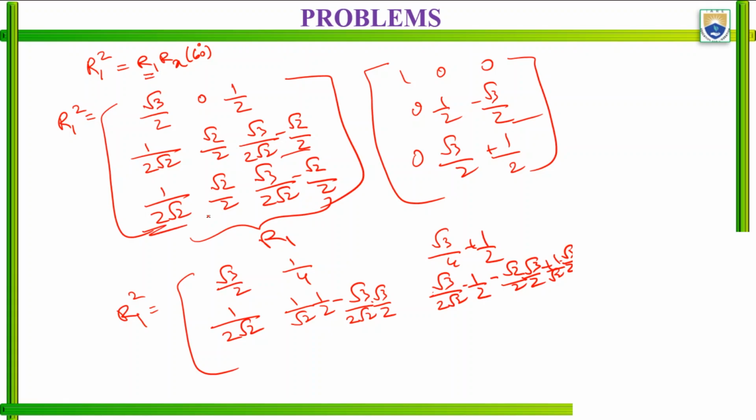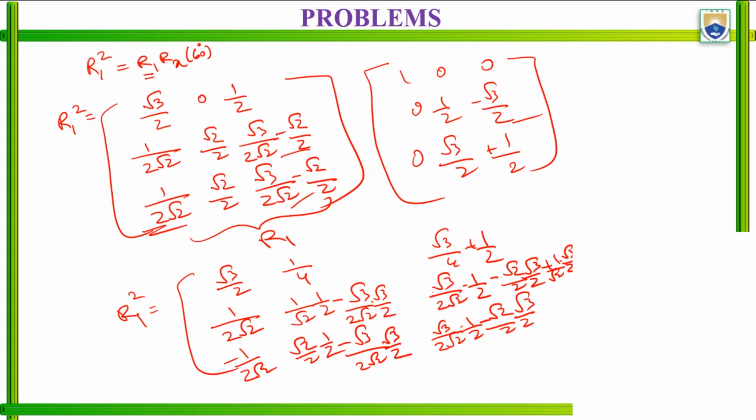Now when we come across this matrix, it is the same. Minus 1 by 2 root 2, root 2 by 2 into 1 by 2 minus root 3 by 2 root 2 into root 3 by 2. Now root 3 by 2 root 2 into 1 by 2 minus root 2 by 2 into root 3 by 2, and the final one plus root 3 by 2 root 2 into 1 by 2.